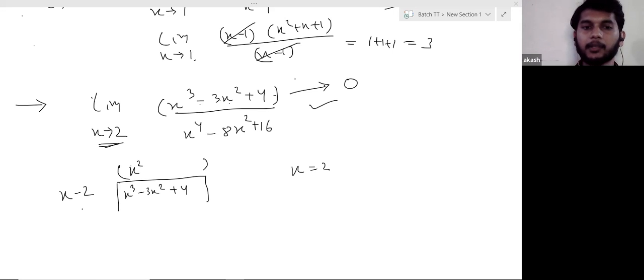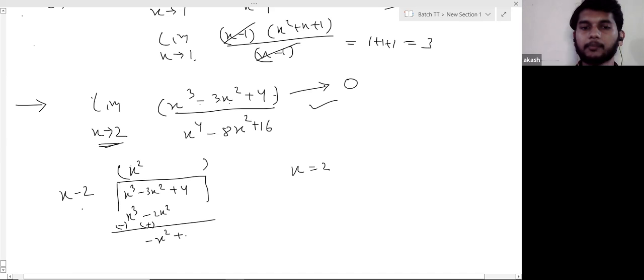So this is x square. So we get x cube minus 2x square. This is minus, this is plus. So we get minus x square plus 4. Now we have to multiply with minus x. So minus x square plus 2x.